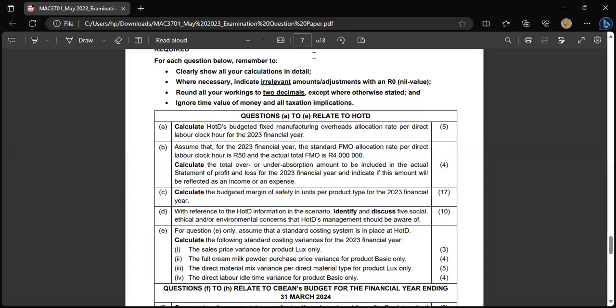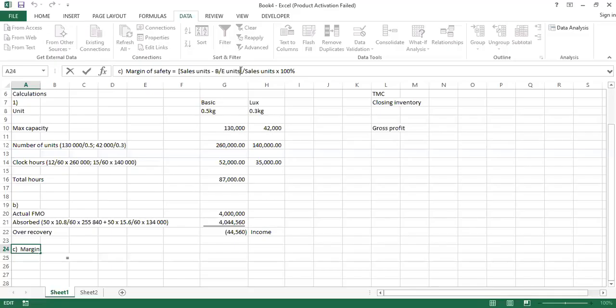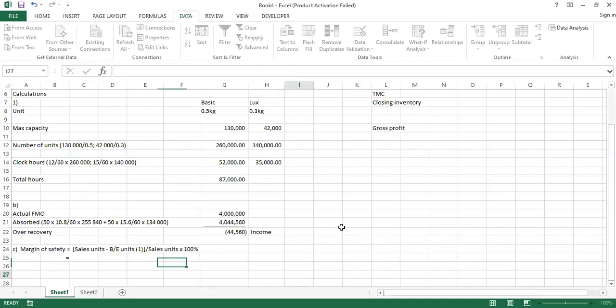So let's see what calculations we need and what we need to fetch. We first of all need to fetch our sales units, and then we can put this under calculation 1, right? This is a very nice question, because now we are hitting many birds with 1 stone. We are going to learn how to calculate break-even, and then how to apply this on margin of safety.